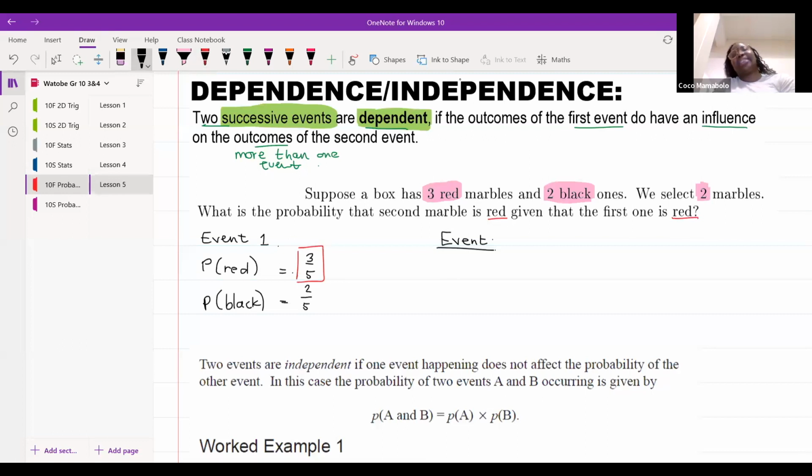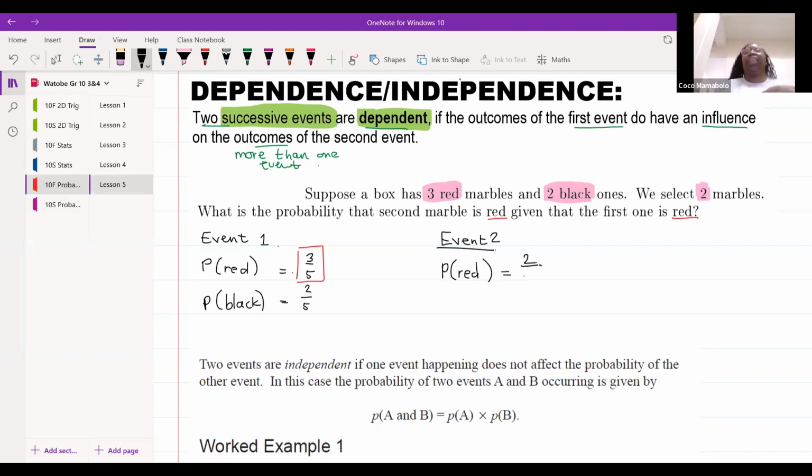What's going to happen the next time if we've already pulled out a red marble? What's the probability that the next one will also be red in event 2? Now, think about this, guys. If I've removed one of the red marbles, I only have 2 of them left. But I've removed a red marble. So how many do we have left in total?